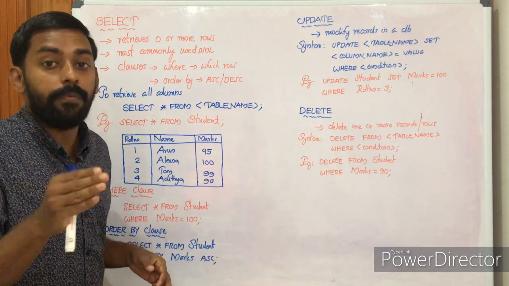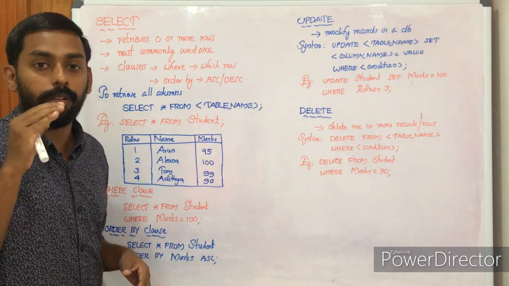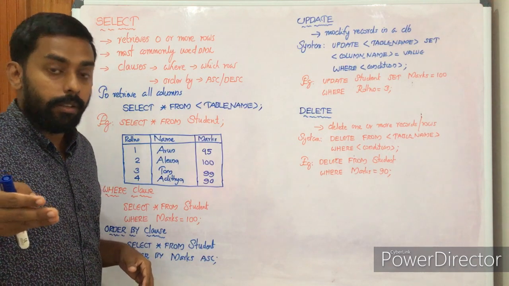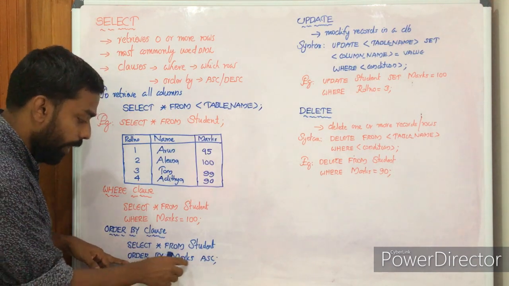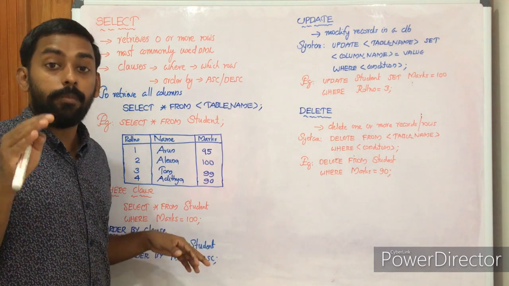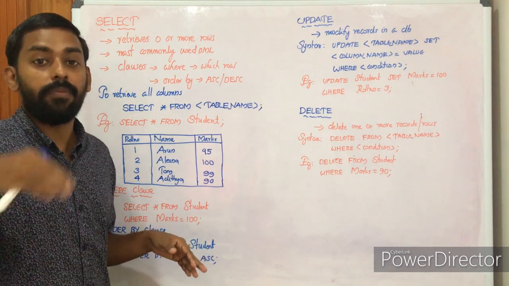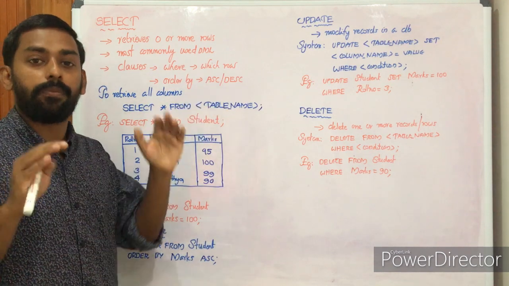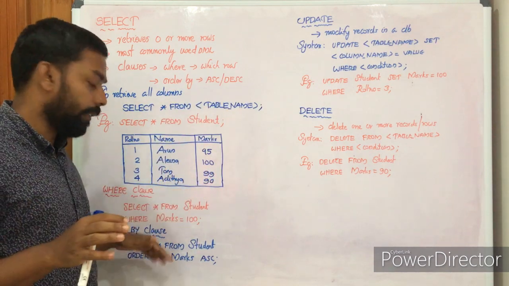ASC is the default order. Default order in the sense, when we avoid it and end with order by marks semicolon, it will be taken as ASC. And if you want to make it as DESC, you have to add DESC. We have seen the examples as well.